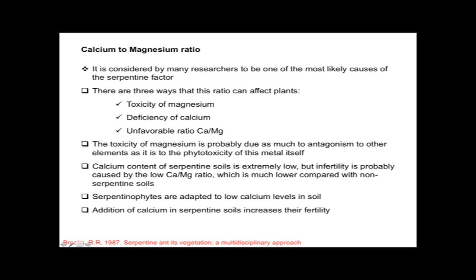About the magnesium content, magnesium really has some toxic effects on plants, but not because of the metal itself, but more because of the antagonism with other elements. Calcium, on the other hand, is very low in serpentine soils, but the infertility is not believed to be caused by the low calcium content, but more by the low calcium to magnesium ratio.